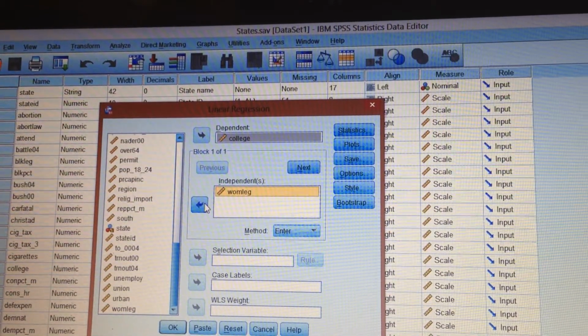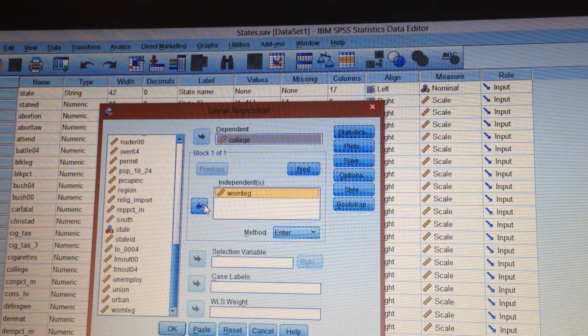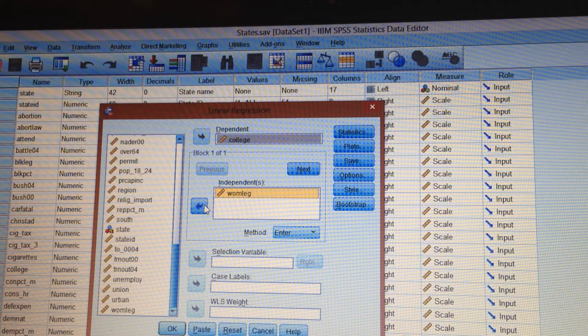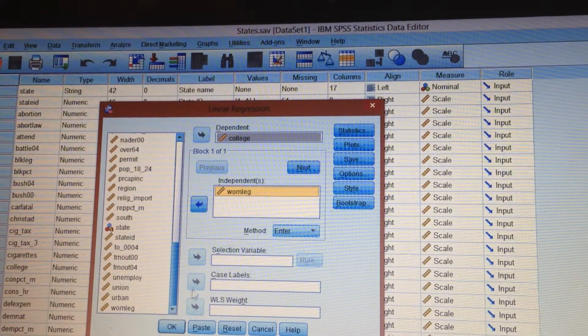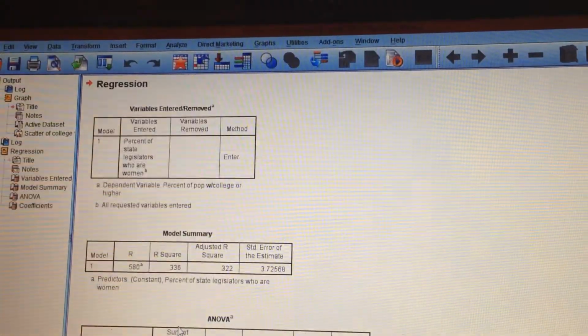We are testing a hypothesis that as the percentage of female legislators in a state increases, it will cause an increase in the percentage of the total population that has a college degree.